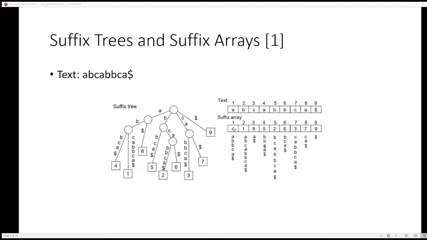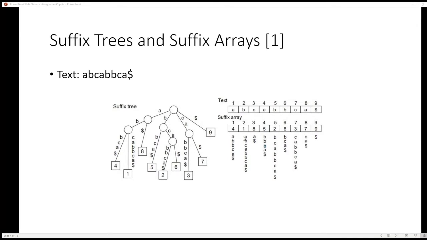So the suffix array contains the sorted array of all the suffixes, and this number corresponds to the offset of the starting suffix. As we can see, in the first position, the first suffix is ABBCA$, and then in the next position will be the next suffix that comes in lexicographical order.